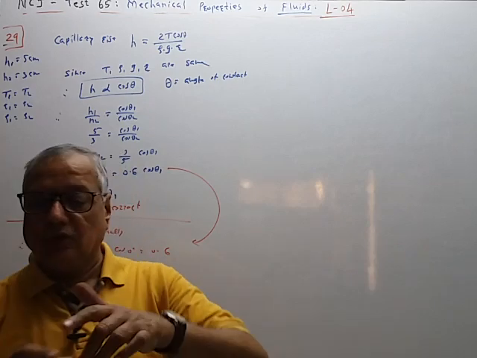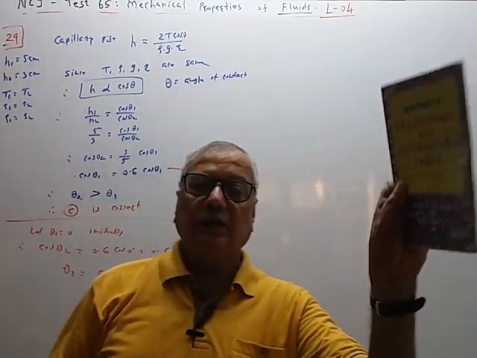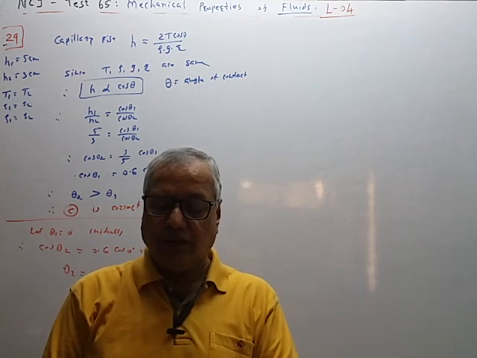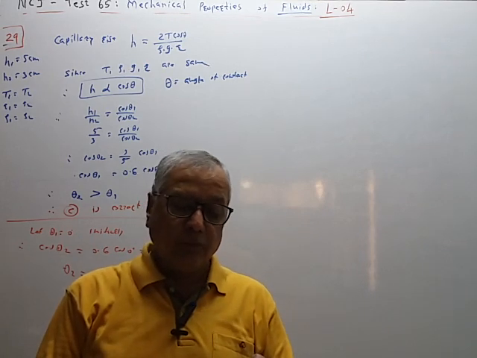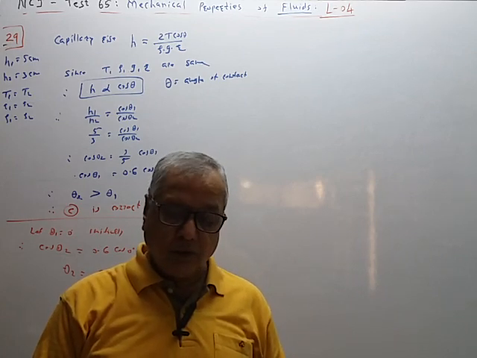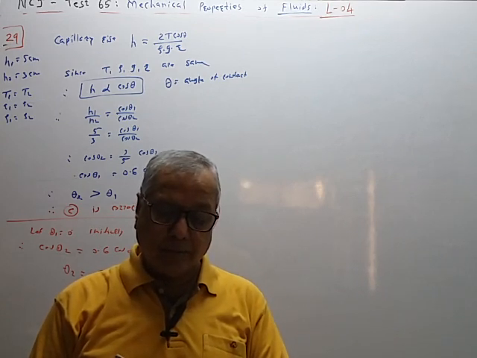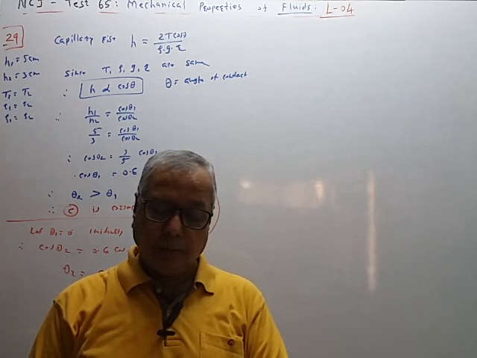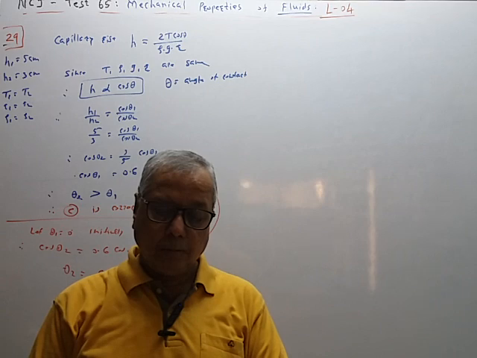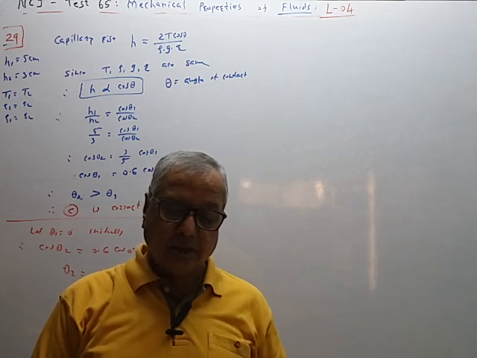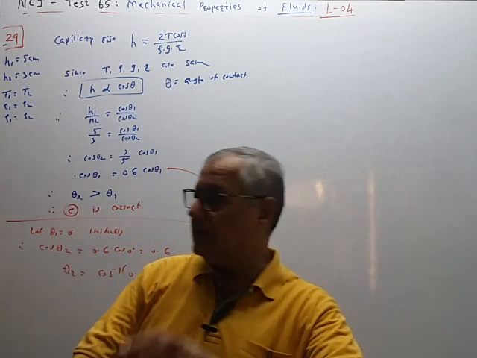If you use the natural cosine table, approximately, this 0.6 corresponds to 53 degree and 6 minutes.